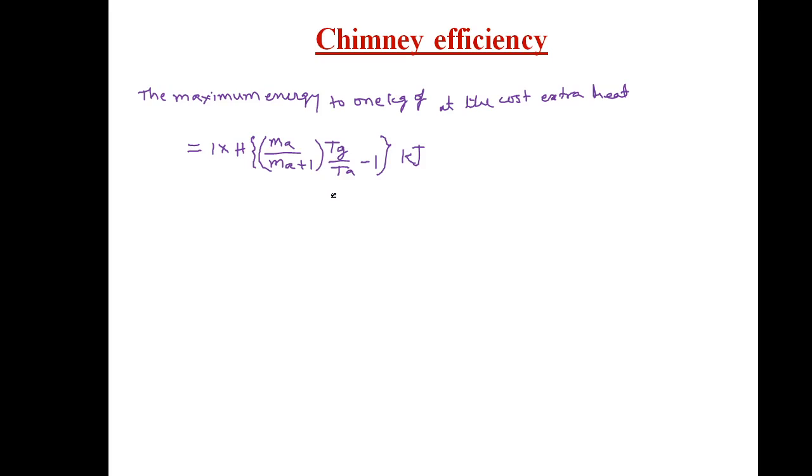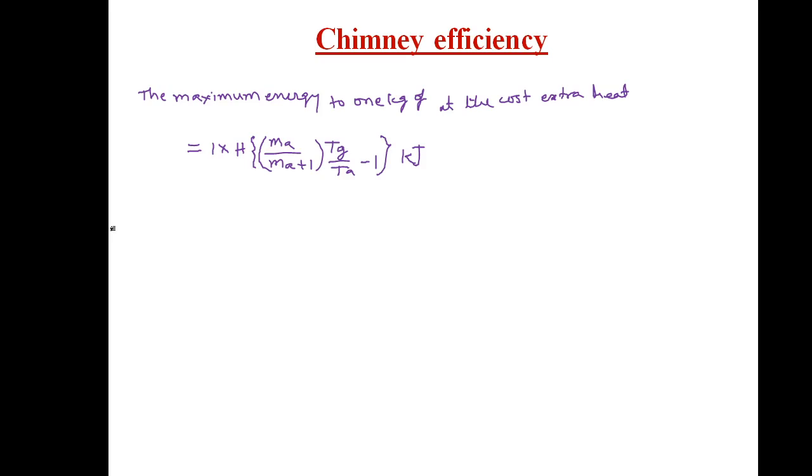Now the chimney efficiency has to be defined. It is given by the ratio of the maximum energy head that is achieved at the cost of extra heat carried by hot gases to the amount of extra heat energy carried by the gases.